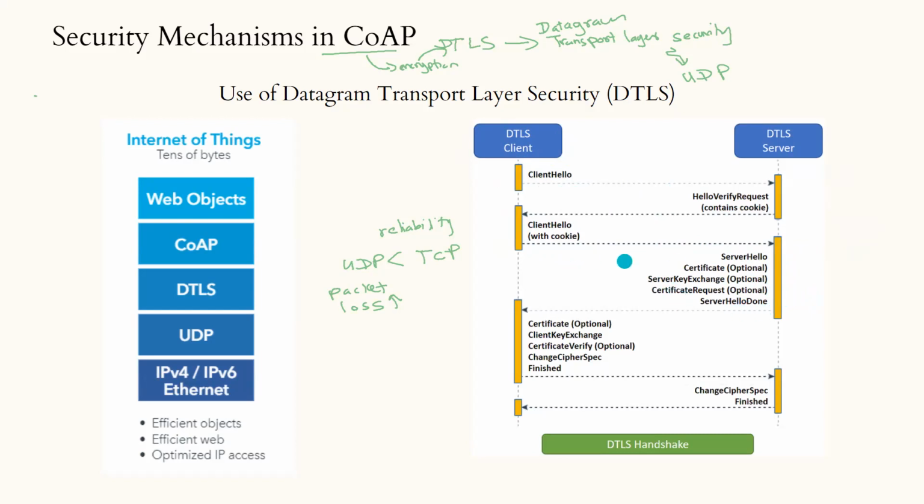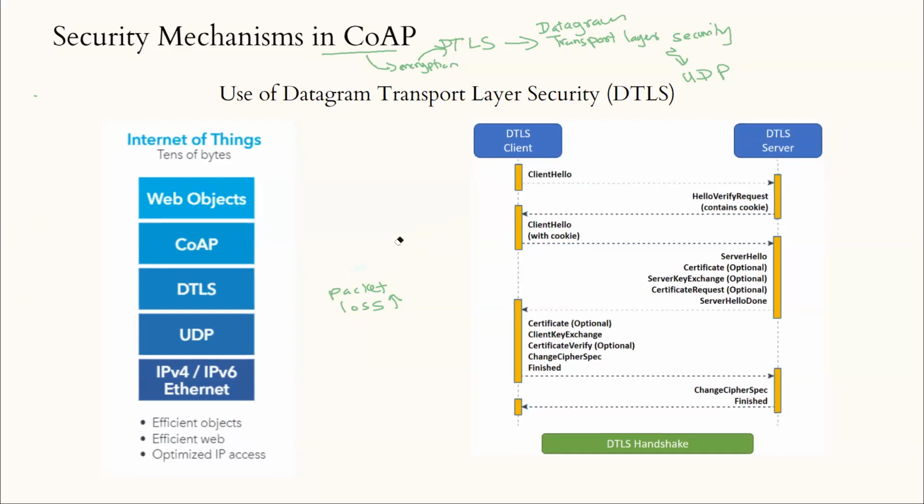The client will also share the session key, or the common key it is going to use in the communication, with the server after encrypting that key with the random key that it received from the server.